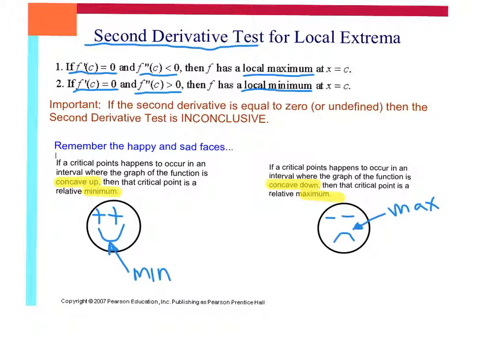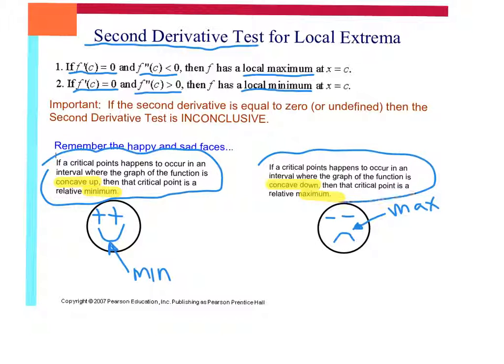Okay, so if you read these explanations here, they'll help. If a critical point happens to occur in an interval where the graph of the function is concave up, then that critical point is a relative minimum. And same goes here, but if the graph of the function is concave down, then that critical point is a relative maximum.